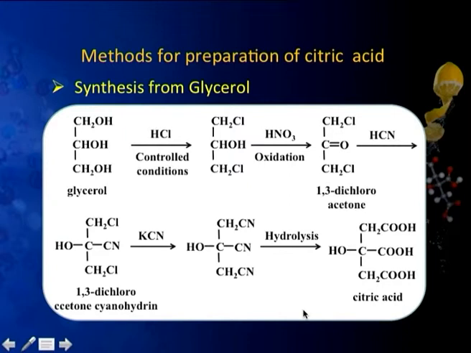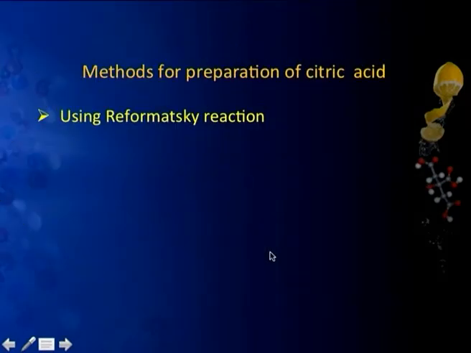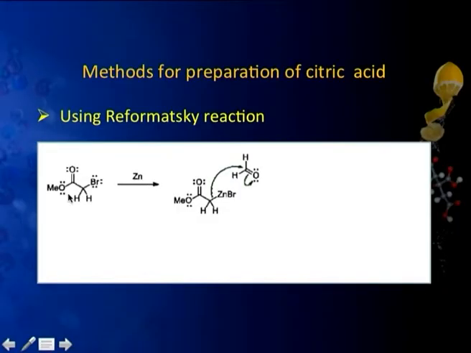Then citric acid is also obtained by using a Reformatsky reaction. We have earlier discussed this Reformatsky reaction, but I will briefly revise it. This Reformatsky reaction is the reaction of alpha bromoesters with aldehydes or ketones. These bromoesters, in presence of zinc, form this ZnBr compound and then they add on to aldehydes or ketones.